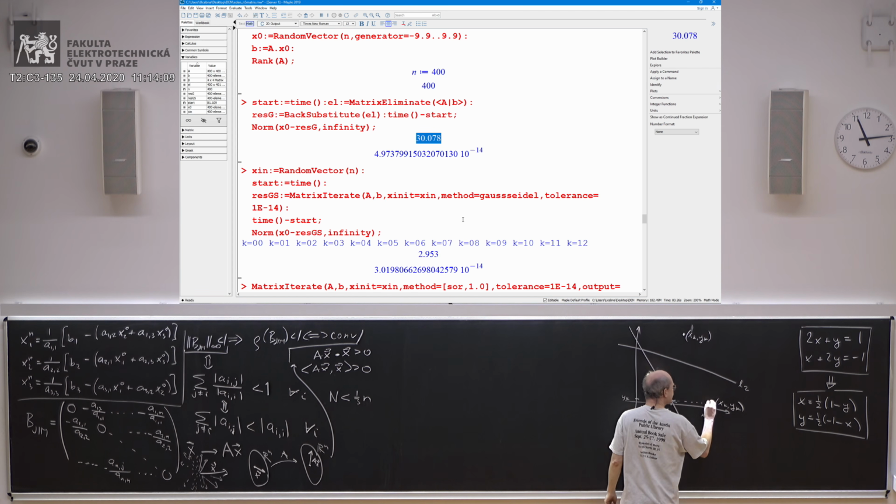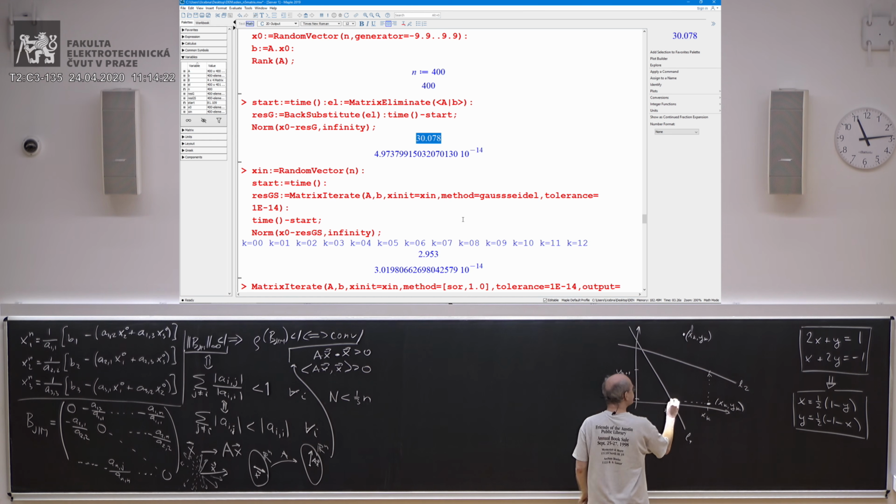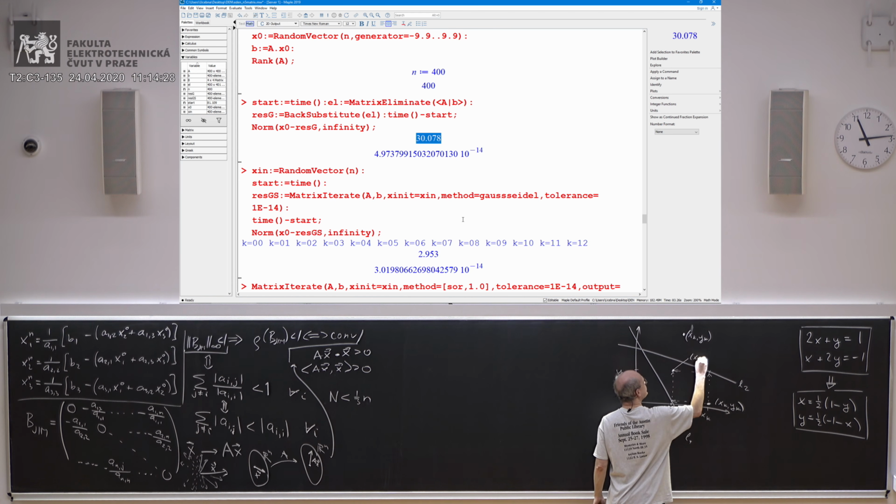So I'm moving in the vertical direction, and this will be my yk plus 1. So I know yk plus 1, I know xk plus 1, and they determine a new point, which is over here. And this point is xk plus 1, yk plus 1.